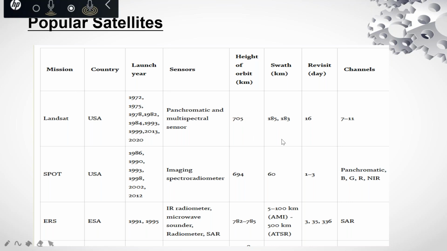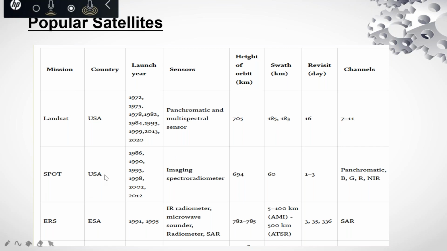There are many types of orbit, so this defines the height of the satellite above the Earth. The swath in kilometers is the amount of area our satellite covers at a particular time, and revisit day is after how many days it revisits the same place. Channels are the color channels that are used to generate images.